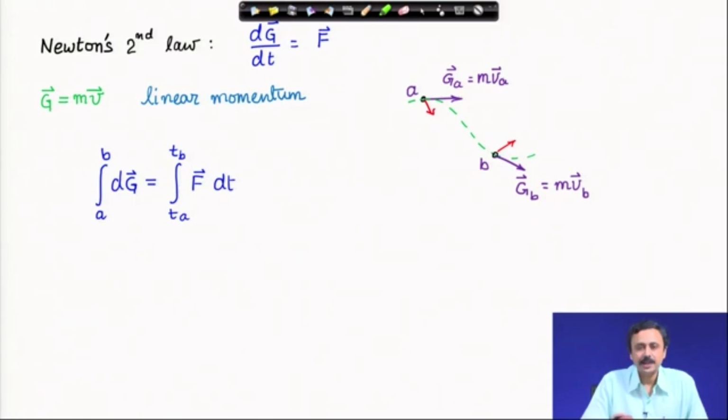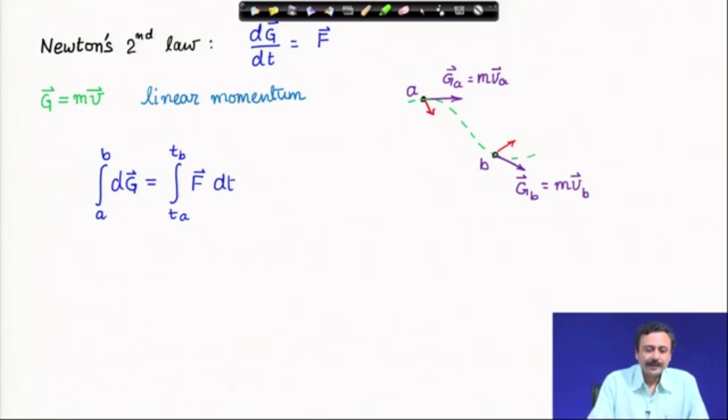The resultant force is F, indicated by this red arrow in the figure, and the particle is moving on a path from A to B. At position A, the linear momentum G_A is mass times velocity vector at A. Similarly, at B, the linear momentum G_B is mass times the velocity at B.